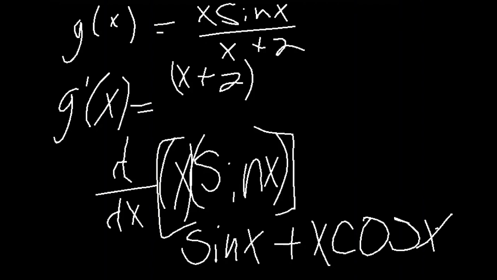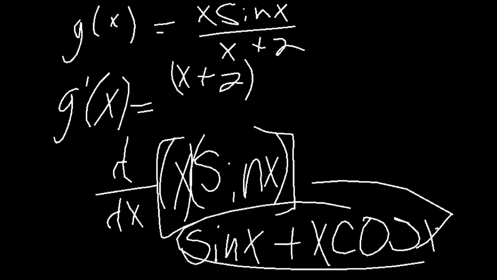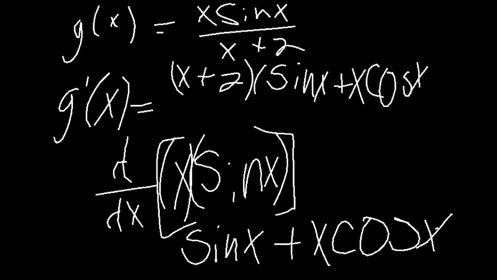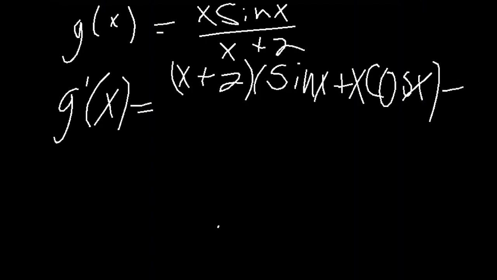Okay, so we're going to multiply this part, right, the denominator here, by the derivative of the numerator. So times sine of x plus cosine of x. Looks like I'm going to run out of space, so I'll just write it below here. So then we're going to do the derivative of this, which we see a constant, which is going to be 0, and we see a 1 right here, which is just going to be 1, right?